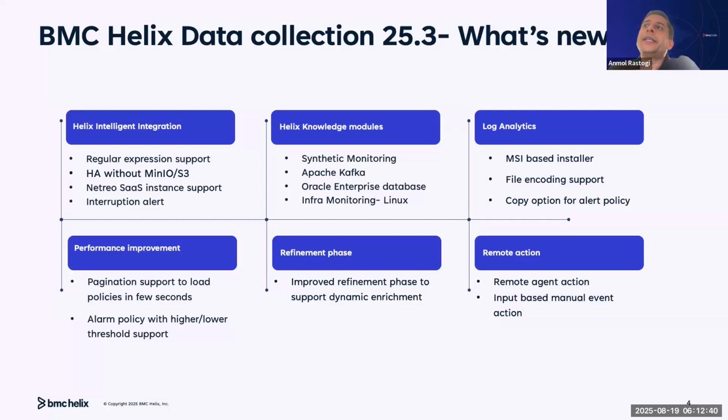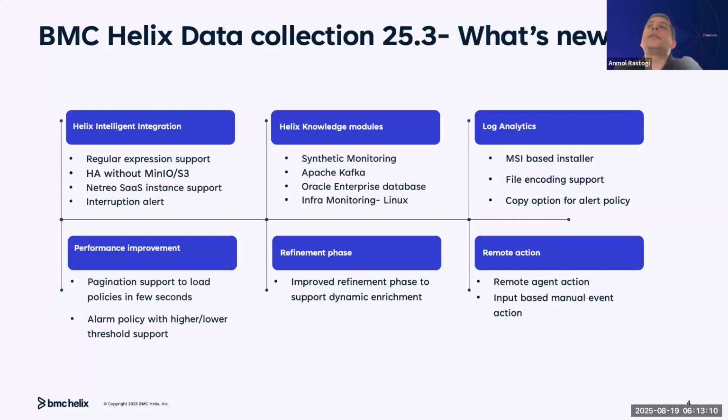We also added a couple of action supports into the event as well as into the agent, and I can briefly touch base on that in my later slide. But just to give you insight on the remote agent, customers wanted to run some specific command on an agent. Currently, we do have the AQT tool, but the customer says that they have to log in to the AQT tool and then execute commands by typing them.